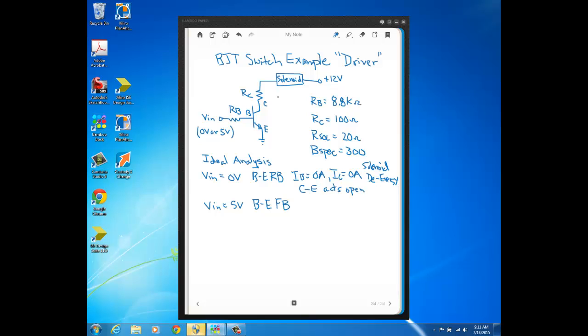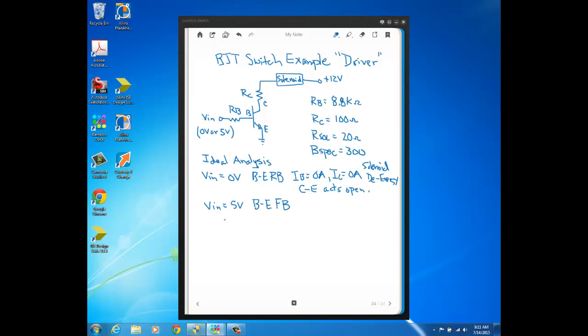Because no collector current means that there's no voltage drop across either the solenoid or the collector resistor, so this entire 12 volts would be across your collector to emitter, and since there's no current, that's the same current voltage relationship as an open has.